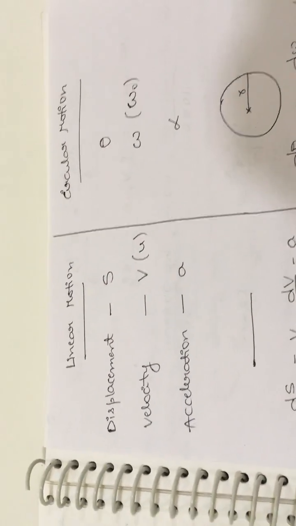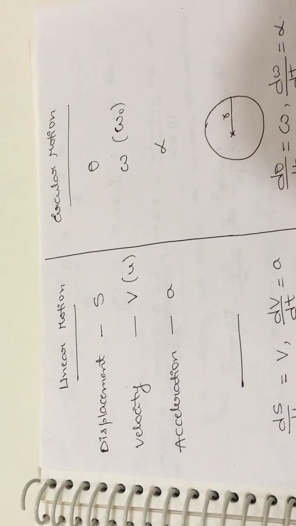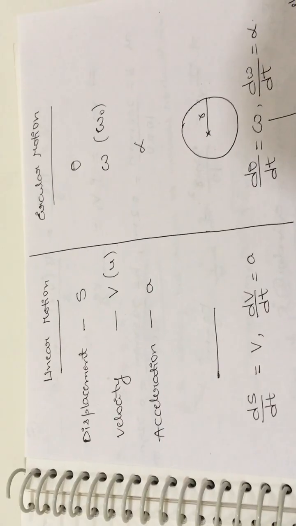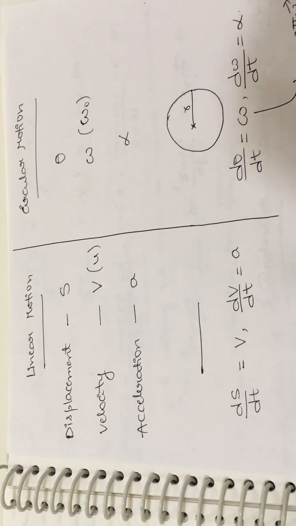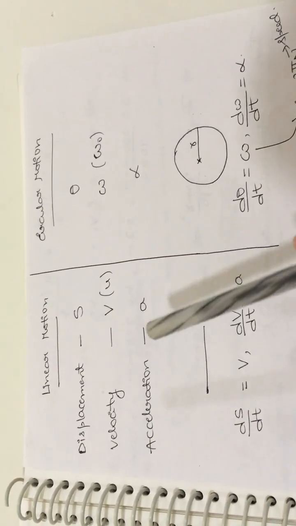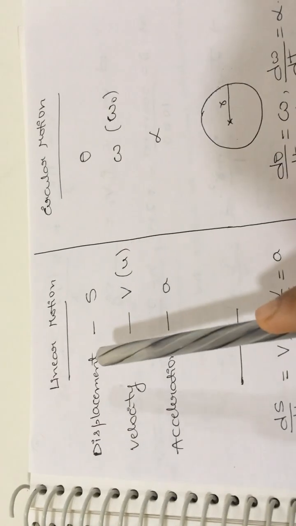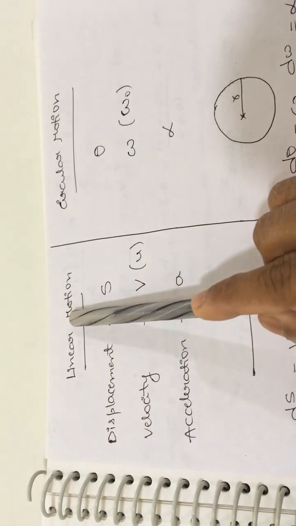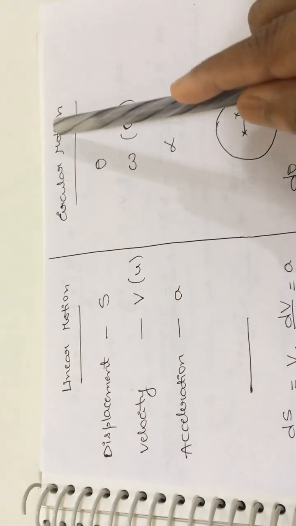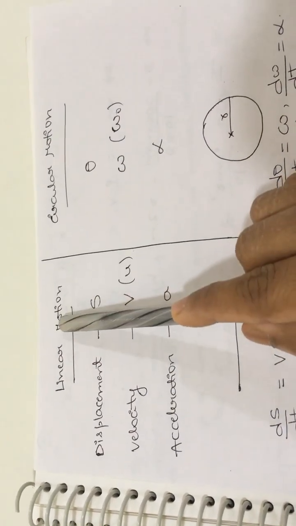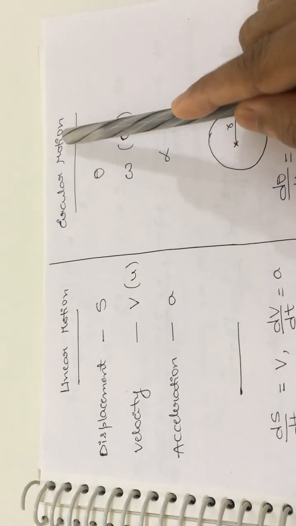Now we will see the differences between the two motions, that is rectilinear or linear motion and circular motion. Under the kinematics part, we get terms like displacement, velocity and acceleration. Now we will see all the relationships between linear motion and circular motion. Generally displacement is denoted by s in linear motion and by theta in circular motion, and the final velocity is denoted by v in linear motion and omega in circular motion.